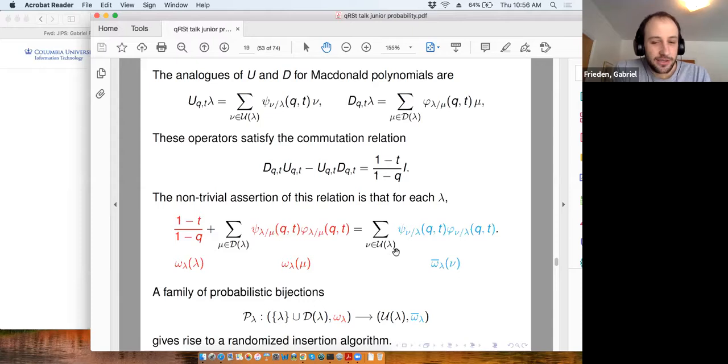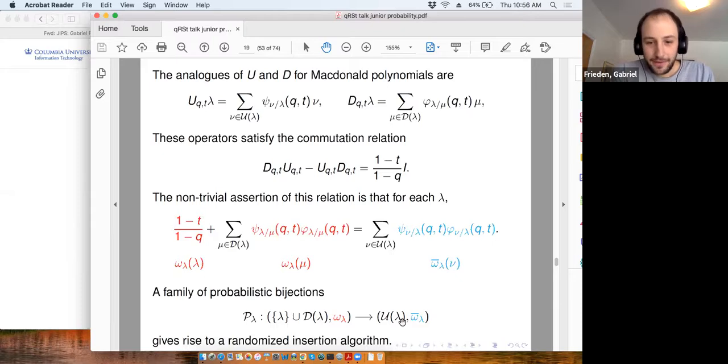And such a probabilistic bijection gives rise to a randomized insertion algorithm, where when you want to put something new in, you consider this case. So you say, what's the probability of just adding a new box to get a certain outer corner? And if you're trying to do bumping, then you say, what square was it bumped out of? And there are various probabilities of where it will end up.